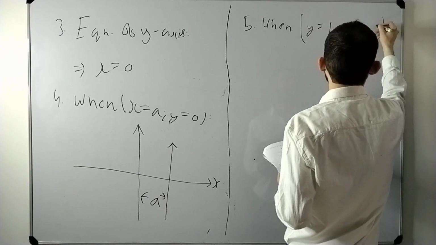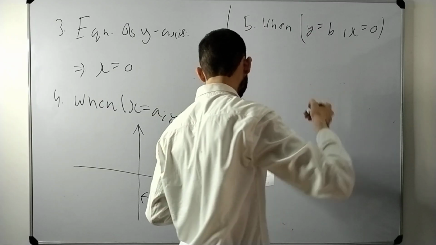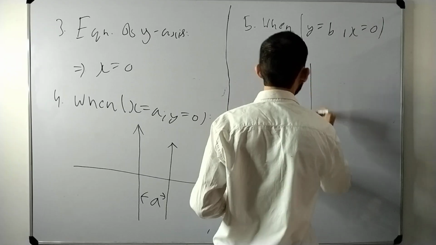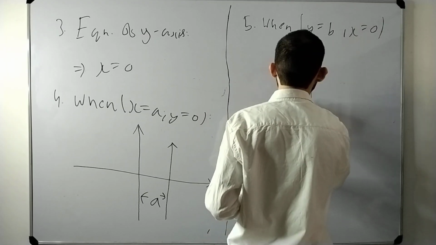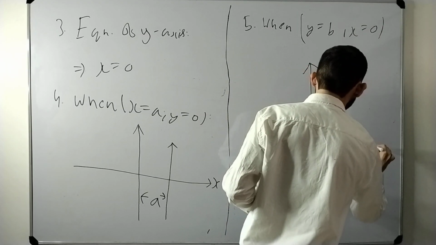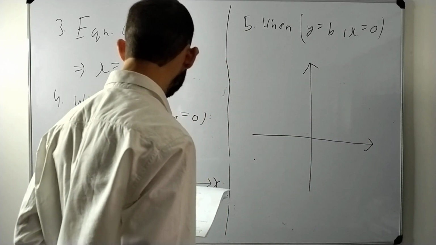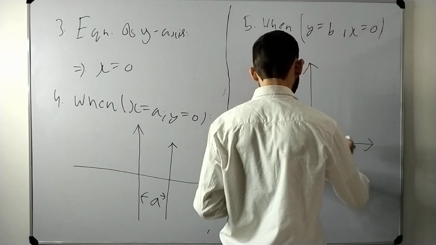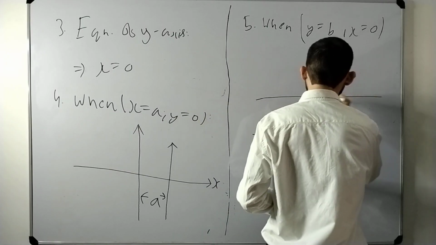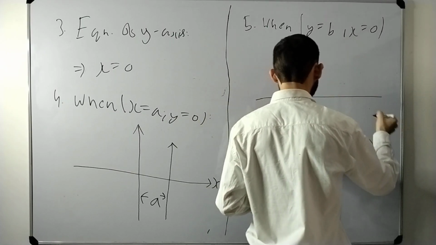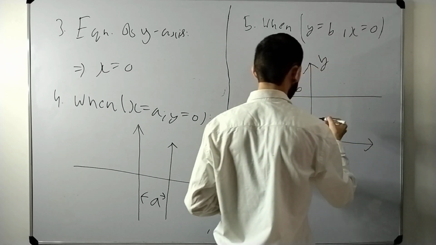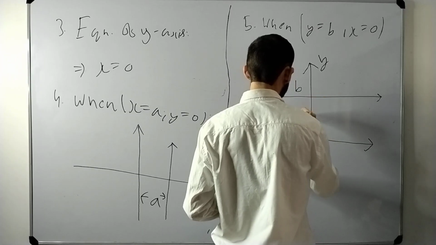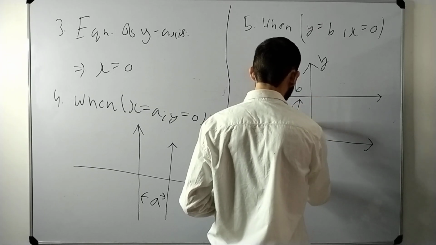The x happens to be 0. Then this happens to be b and this happens to be y, and this is actually the b distance, b coordinate, b distance along the y.